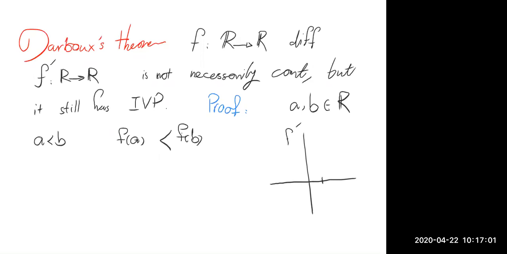We have the point A, and then we have the point B. And I want to say for any number C between f prime at A and f prime at B, there exists a point x naught such that f prime at x naught is equal to C. That's what we want to prove.